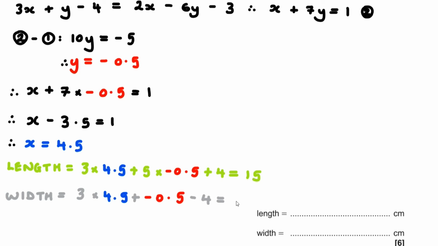So the width is 9. The length is 15, the width is 9.